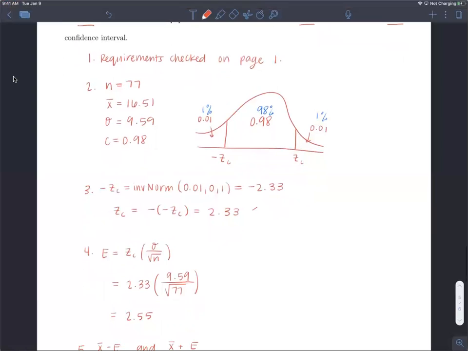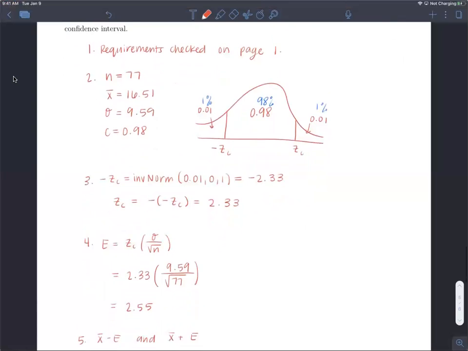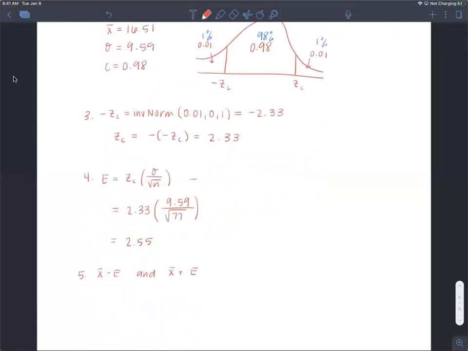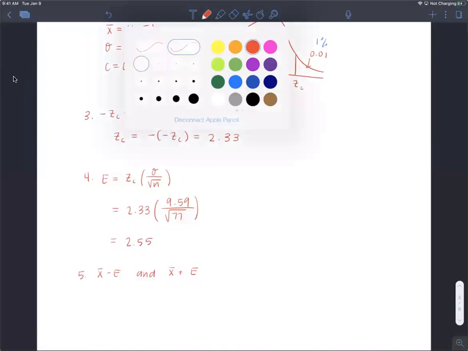So we found our critical values, which are these two things. And then we found our margin of error, which you calculate like this, right? And so after we find the margin of error, we're going to need to find these two things, and that's what actually forms our confidence interval.